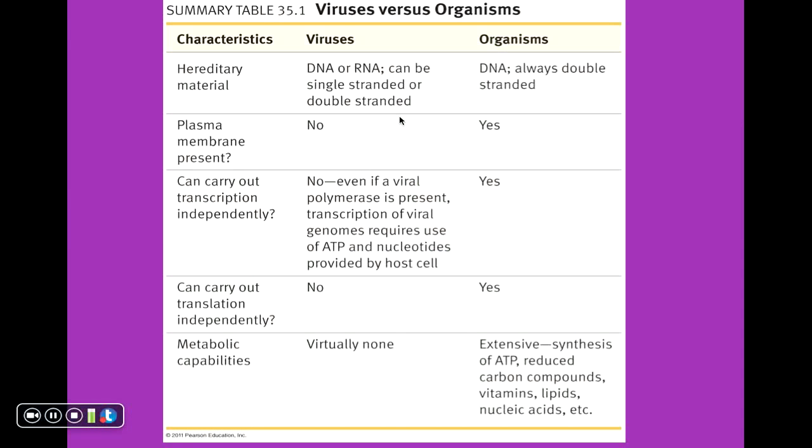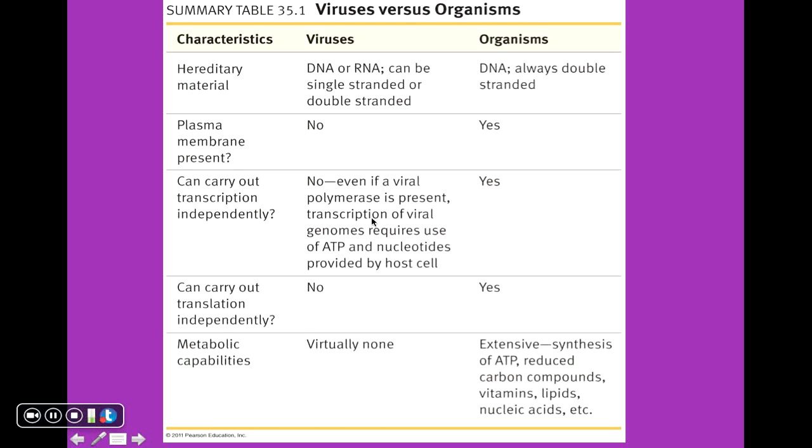Some characteristics of viruses are illustrated in this table. So if you consider organisms, at least all the ones that we know of so far, they always use DNA as their genetic material. Viruses, however, can use DNA or RNA. Organisms, living cells, are defined by the presence of a plasma membrane. Viruses, however, do not have a membrane, again, unless they capture one from some other living host cell. Organisms can, of course, undergo gene expression. So transcription and translation can occur in organisms.